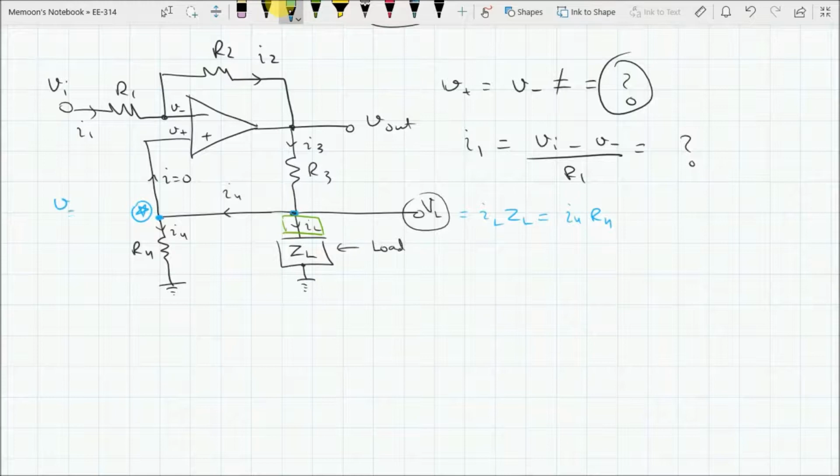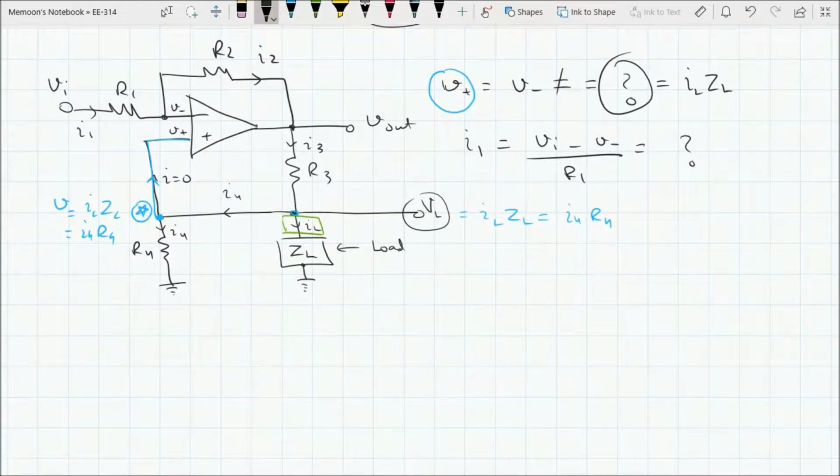V is equal to ILZL or I4 R4. And isn't it directly connected to the positive terminal? Yes, it is. So we found the potential at one input of this op amp, and as they are equal, this means that they are both equal to ILZL.